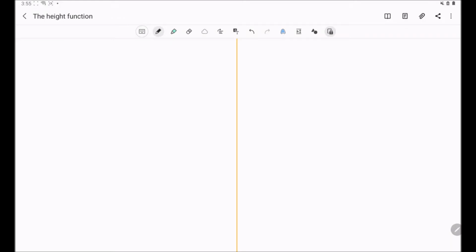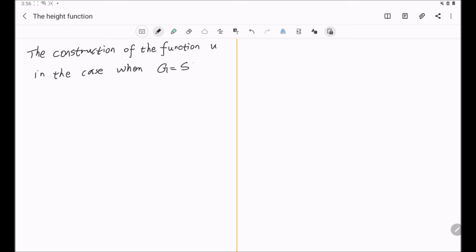Now let me give the construction of the function u in the special case when the Lie group G is SL(D, R) and the lattice gamma is SL(D, Z).